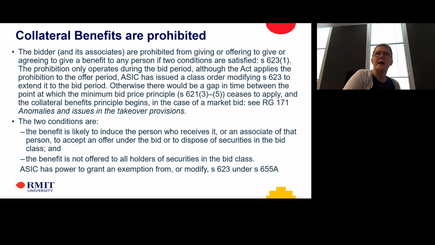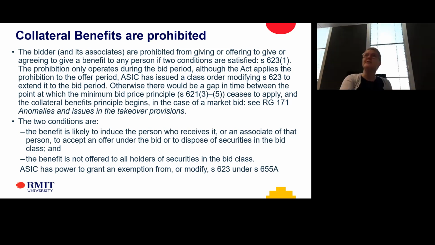So ASIC has the power to grant an exemption from or to modify Section 623 under Section 655A. So one of the things that you'll see also in Chapter 6 quite often is ASIC has quite broad powers to issue class orders and to issue modifications of the law for specific circumstances.